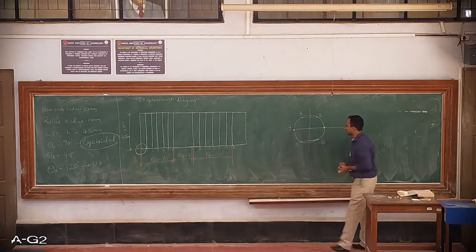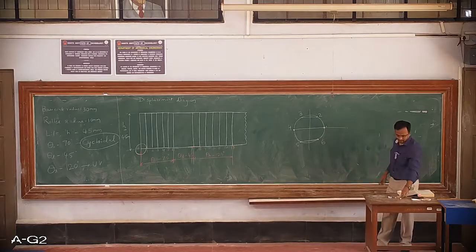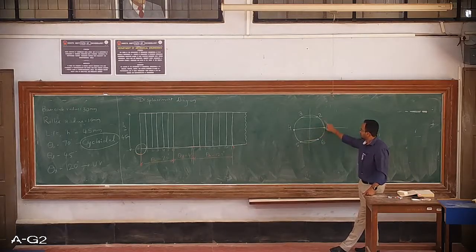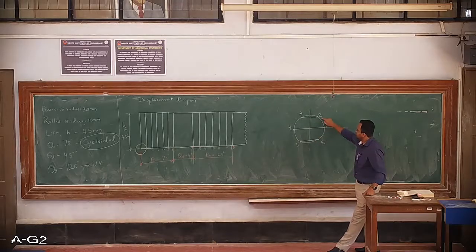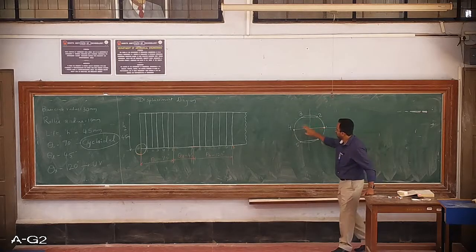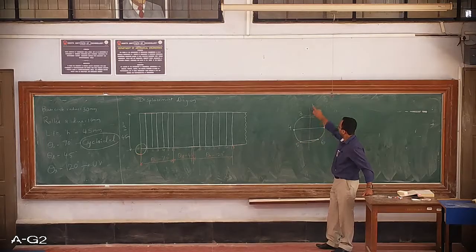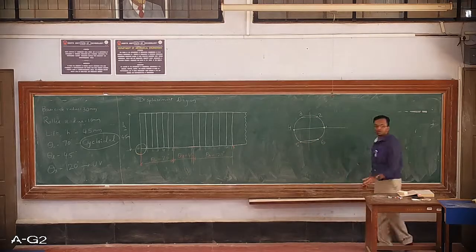Okay, done. So this is the initial construction you need to do with respect to the rolling circle. Divide them into 6 parts, join 2 and 3 with a horizontal line, join 1 and 4 with the horizontal line, join 5 and 6 with the horizontal line, and just draw one vertical line for your reference.